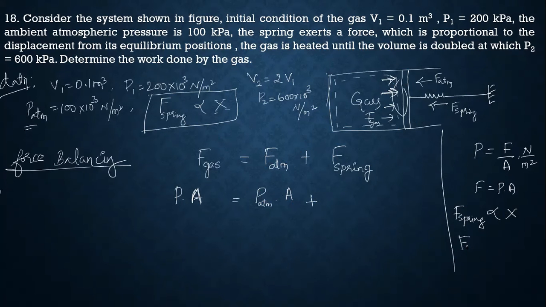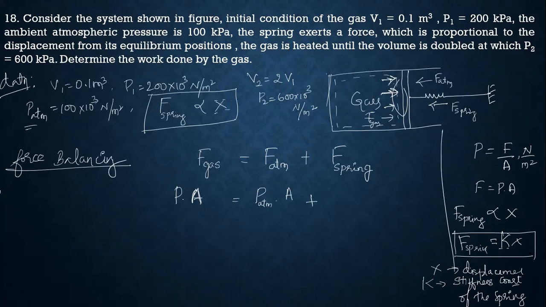If I remove the proportionality symbol, you will get a proportionality constant, that is K into X, where K is the stiffness constant of the spring. X is the displacement. F spring is equal to Kx. Therefore, F spring I can write as K into X.